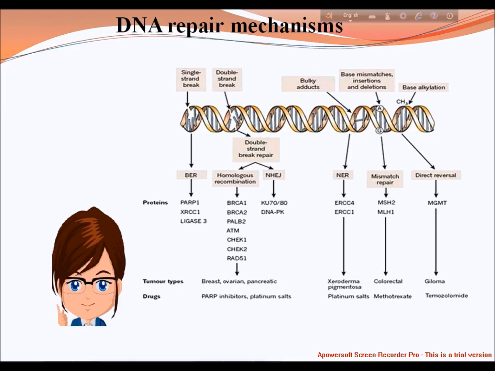NER is a highly evolutionarily conserved repair mechanism and is used in nearly all eukaryotic and prokaryotic cells. In prokaryotes, NER is mediated by Uvr proteins. In eukaryotes, many more proteins are involved, although the general strategy is the same.